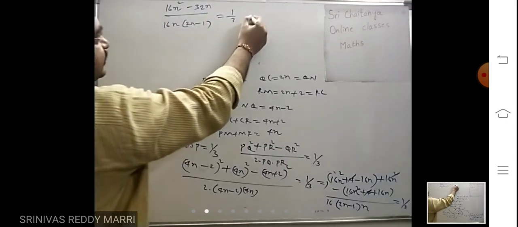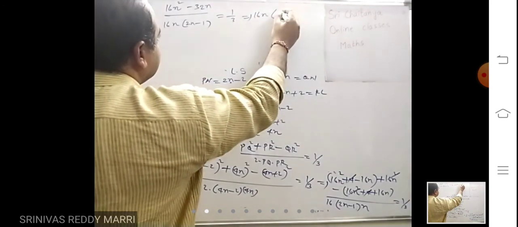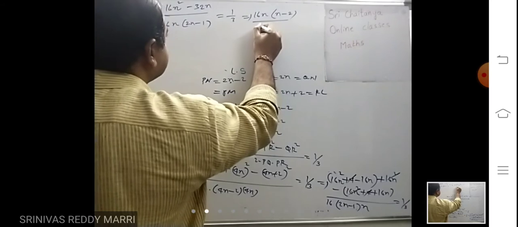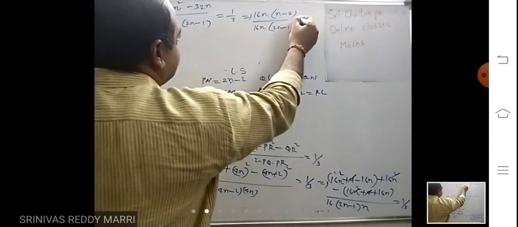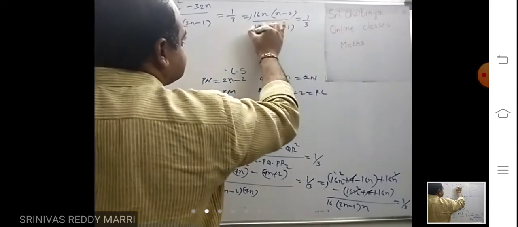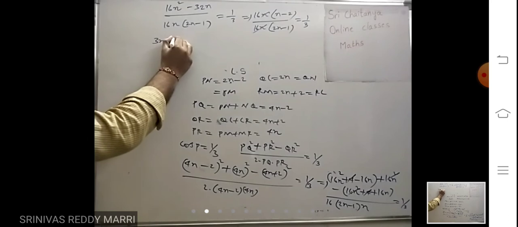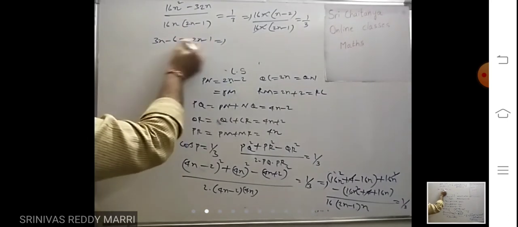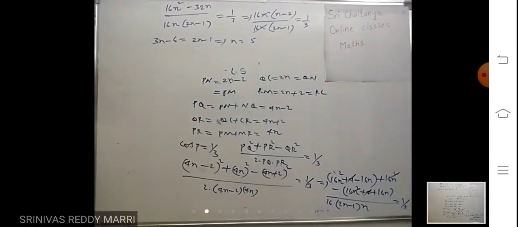This is 1 by 3. The 16n square and the 4 and 4 cancel, so in the numerator 16n square minus 16n minus 16n minus 32n remains. Taking 16n common, we get n minus 2 divided by 16n into 2n minus 1, equal to 1 by 3. Cross multiplying, 3n minus 6 equals 2n minus 1. Therefore 3n minus 2n equals 5, so n is 5.